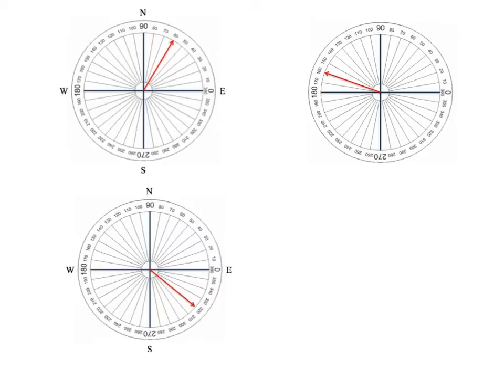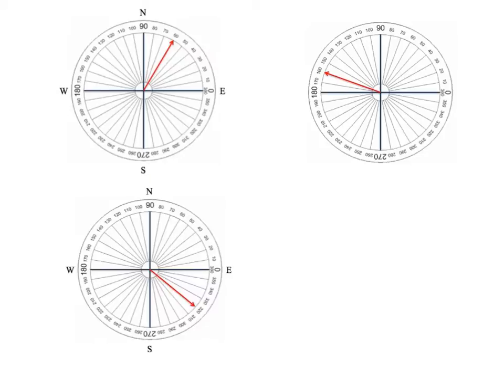So when we're classifying the direction of different vectors, there's a couple different ways that we can use to classify them and give their direction. The first one that we go over in that lesson is the Navigator Method. In that method, you use the directions north, east, south, and west to specify what direction that vector is.